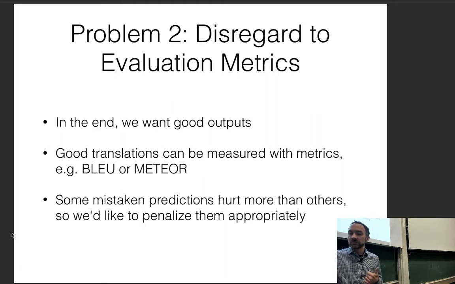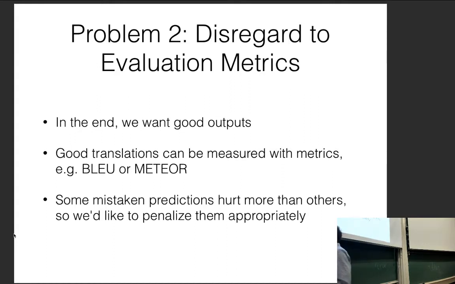And in text generation or parsing or other things, we also have sequence level metrics like a BLEU score or a Meteor score for text generation, or maybe F1 measure for parsing. So we would like to measure according to this, and some mistaken predictions will hurt more than others.